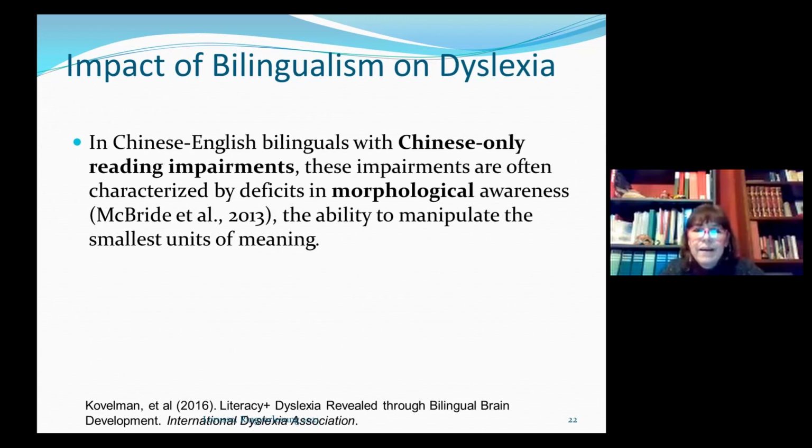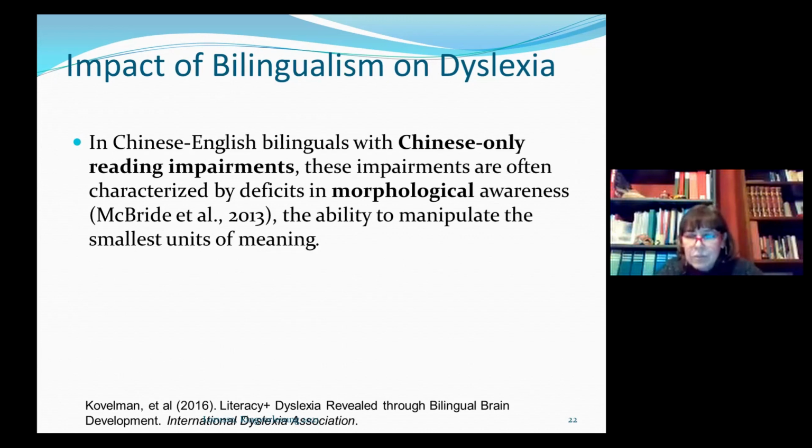So there are children with Chinese-only reading impairments, which, as we said, does not seem to be the case for the combination of two alphabetic systems, where individuals who are dyslexic in one language are also dyslexic in the other language.